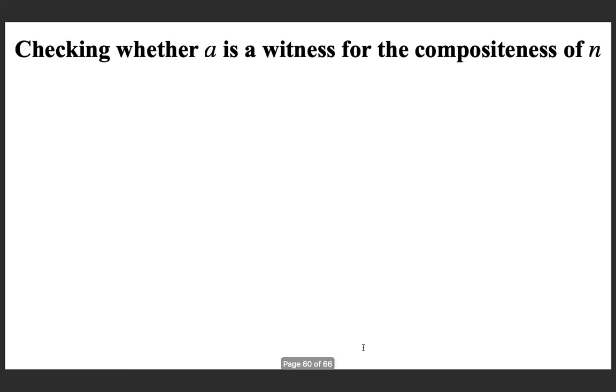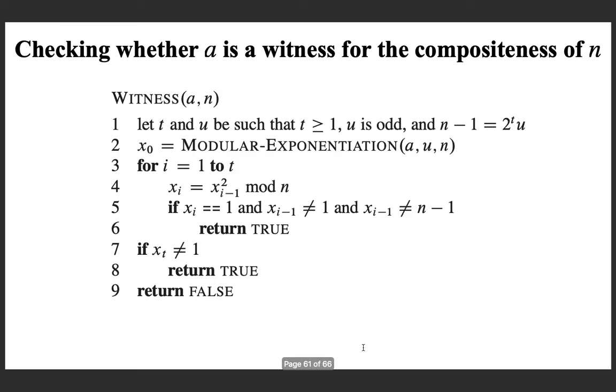Now with that we are going to see the Miller Rabin test for checking primality, and it makes use of a sub procedure which is to see whether a is an element of Zn plus, witnessing the compositeness of n is what it is checking.